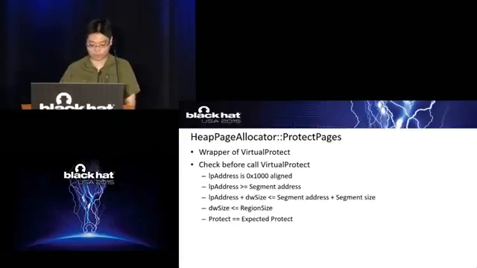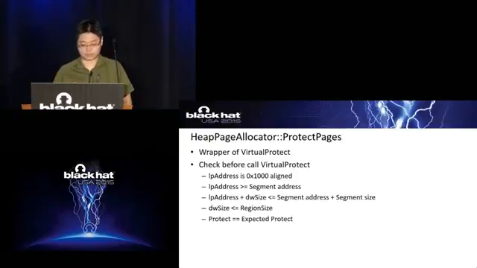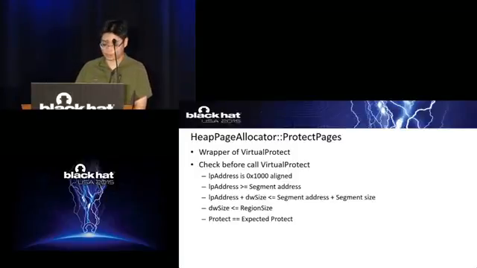Now let's see how Microsoft fixed this issue. In the patch, it introduced a new function. The heap page allocator protect pages is a wrapper of the function auto protect. In this function, it will check the arguments before it calls auto protect. The checks include the following.